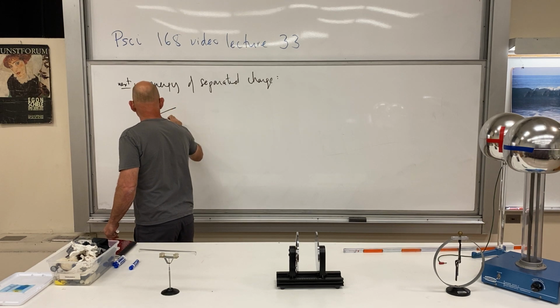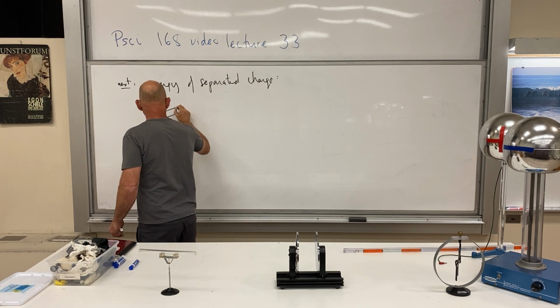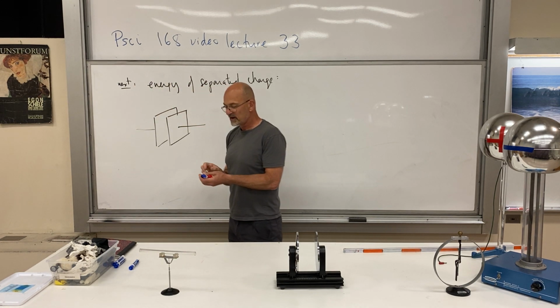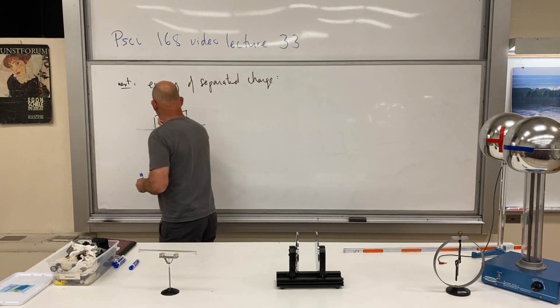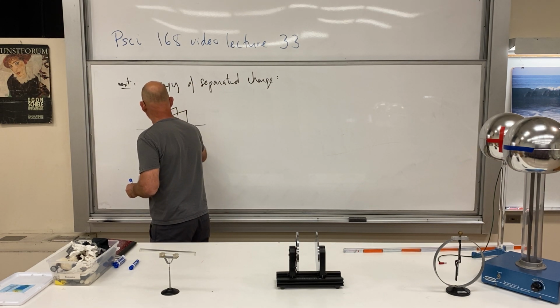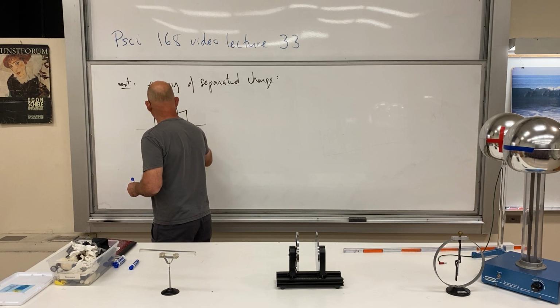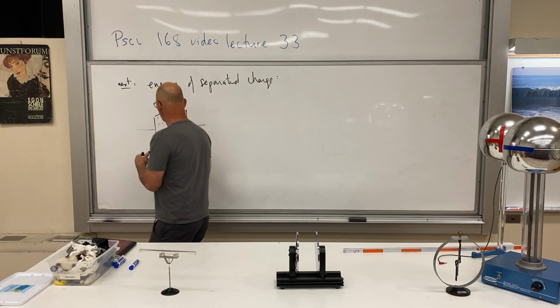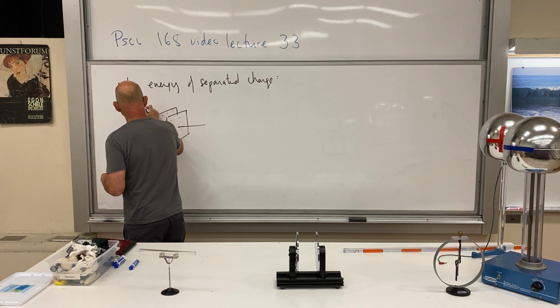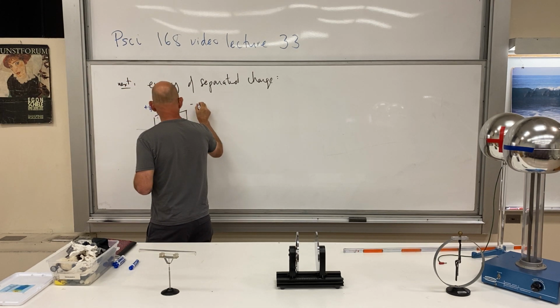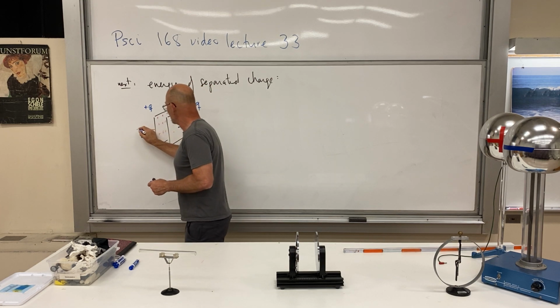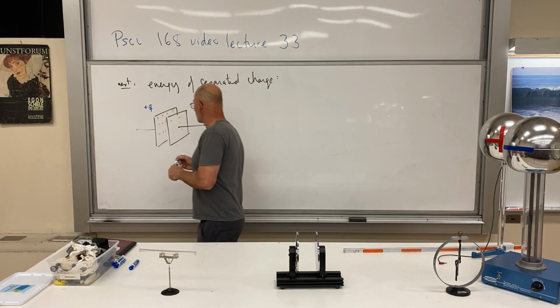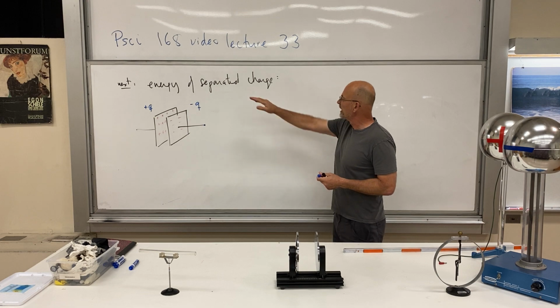We've got the plates, referred to as a parallel plate capacitor when you have it this way. But what we want is just to have the positives on one side and the negatives on the other. So I'll stress that by saying we've got plus Q on one side and negative Q on the other. We're not going to do anything with it for a moment. So we have separated charge.